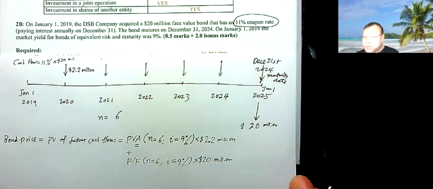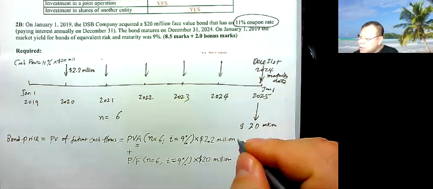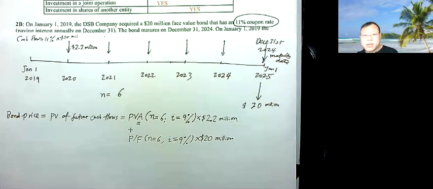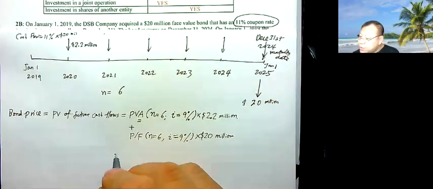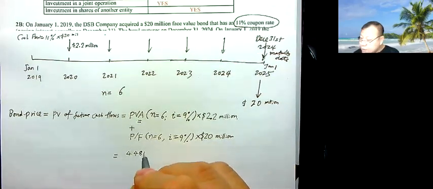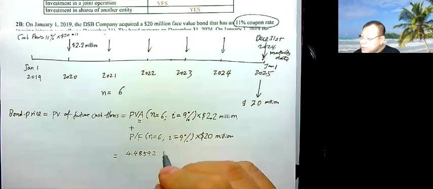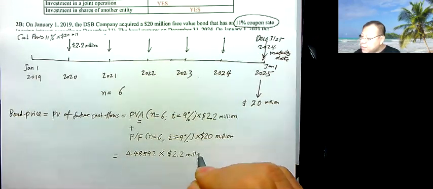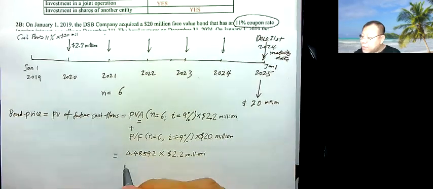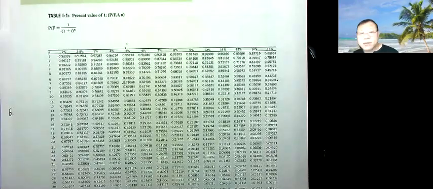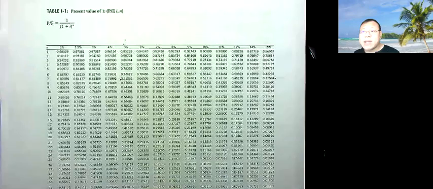So this will equal 4.48592 times 2.2 million. That's the annuity. And then I'm going to add the present value of a lump sum payment, my future one lump sum payment.